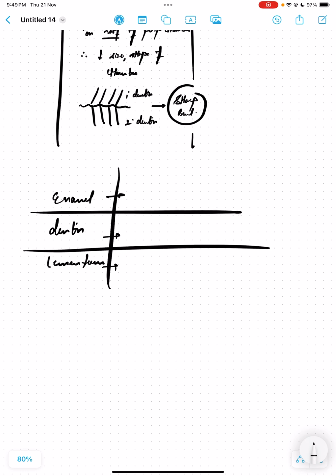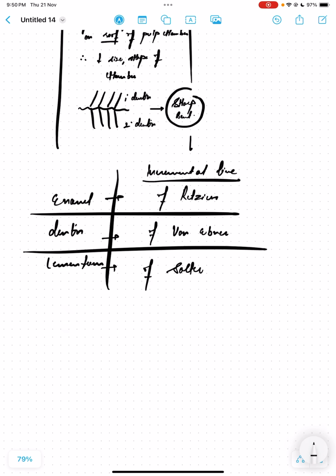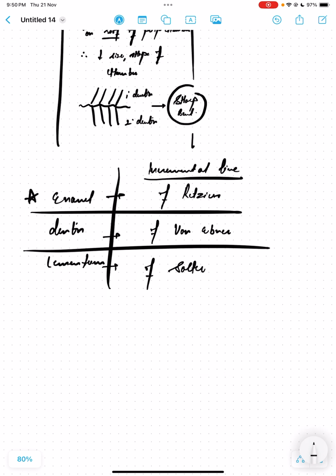In the case of enamel, we have the incremental line of Retzius. In the case of dentin, we have the incremental line of von Ebner. And in the case of cementum, we have the incremental line of Salter.